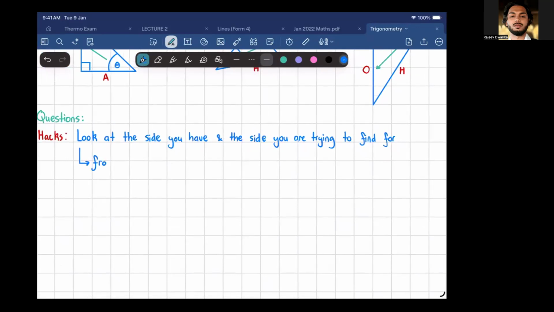From this, you'll be able to select the correct trig ratio.